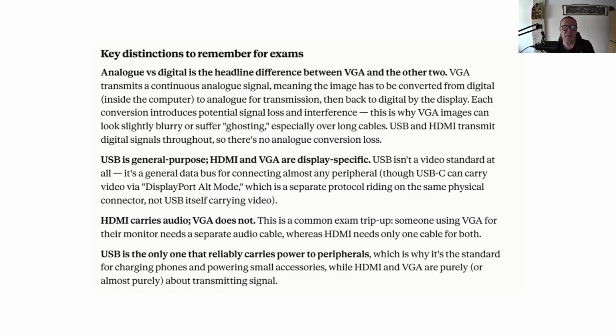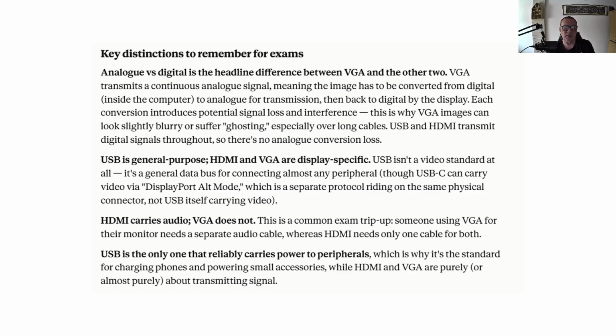USB is a general purpose interface, not specifically for any one thing. HDMI and VGA are both specifically about displays, and in the case of HDMI, audio. A good difference to say between HDMI and VGA is HDMI doesn't need a separate audio cable, whereas VGA does.